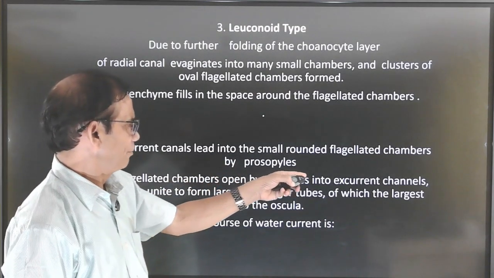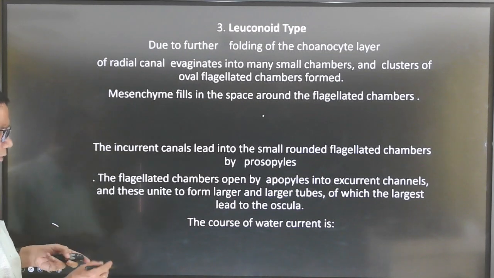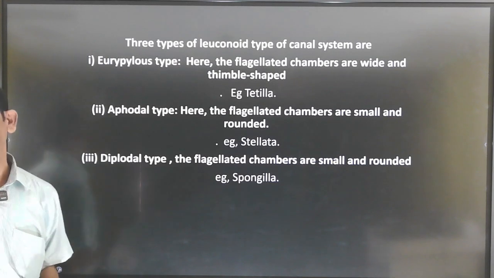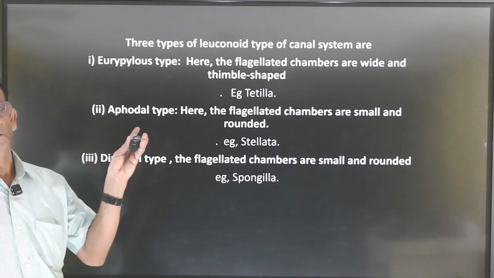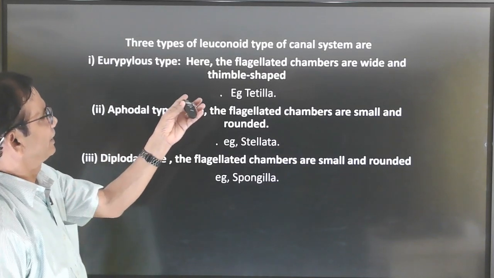Why are they called flagellated chambers? Due to the presence of flagella. So there are three types of leuconate canal system, due to the presence or shape of flagellated chambers.